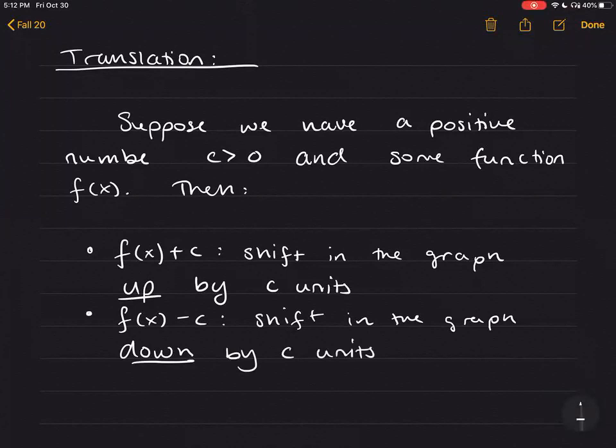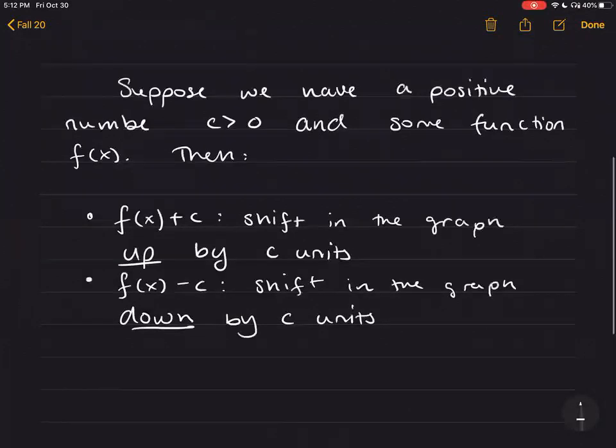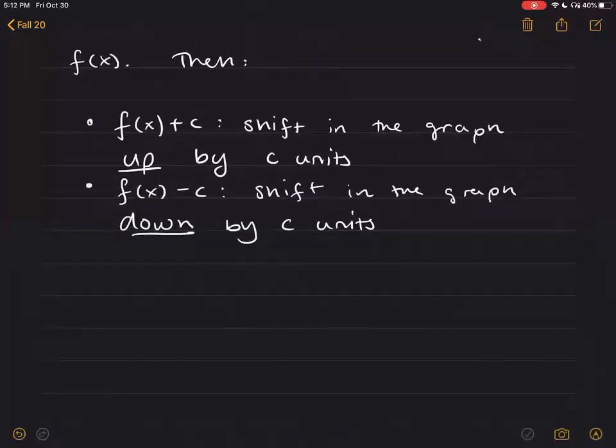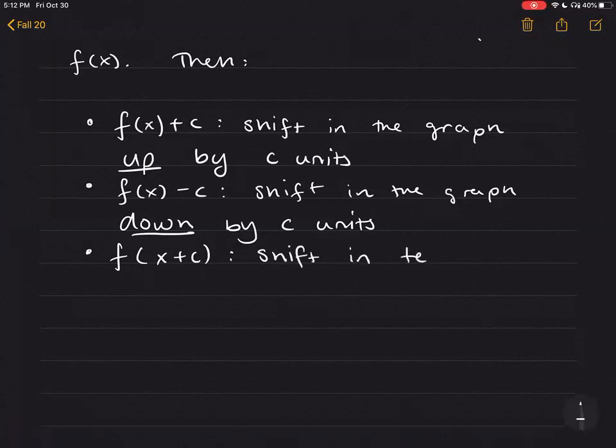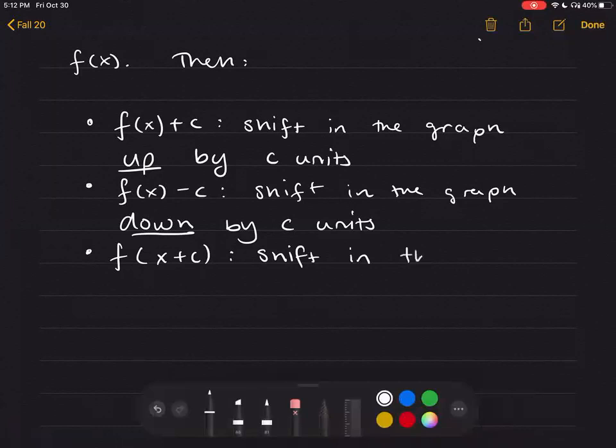All right, cool. But how do we get left and right? Well, if we look at f of x plus c inside the function, so we're evaluating the function at x plus c, that will be a shift in the graph to the left by c units.